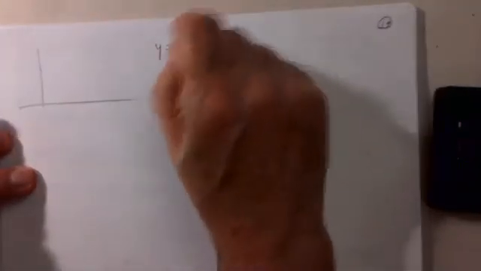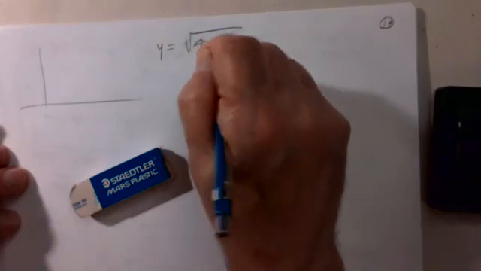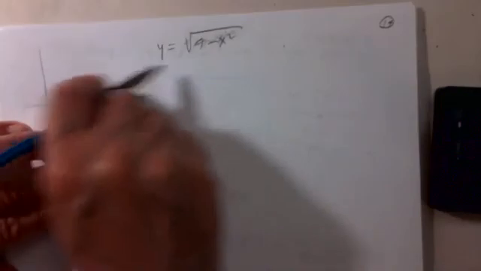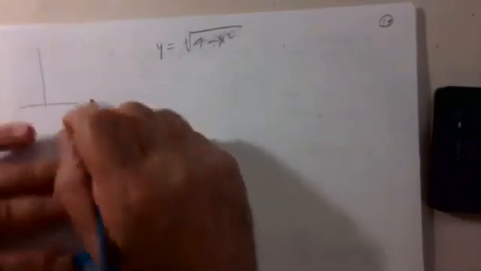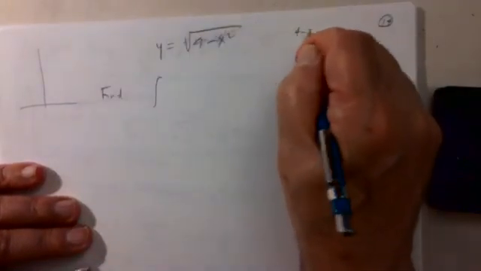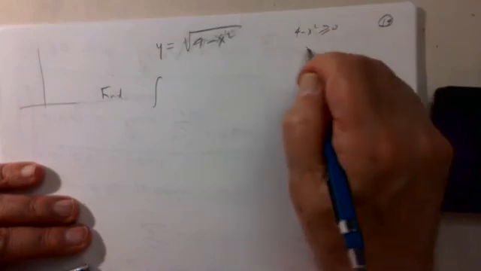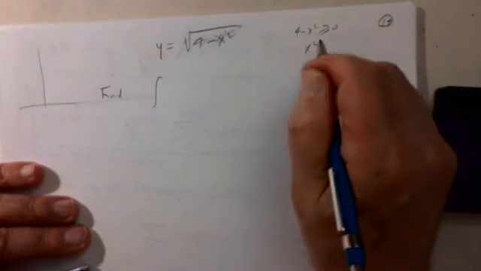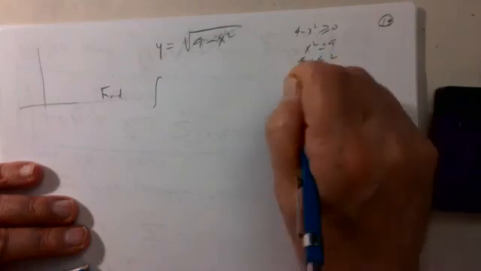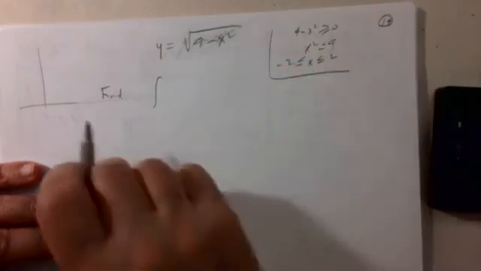Suppose we take y equals the square root of 4 minus x squared, and we want to find the integral. So this is only defined when 4 minus x squared is greater than or equal to 0, which means x squared is less than or equal to 4, which means x has to be between minus 2 and 2.